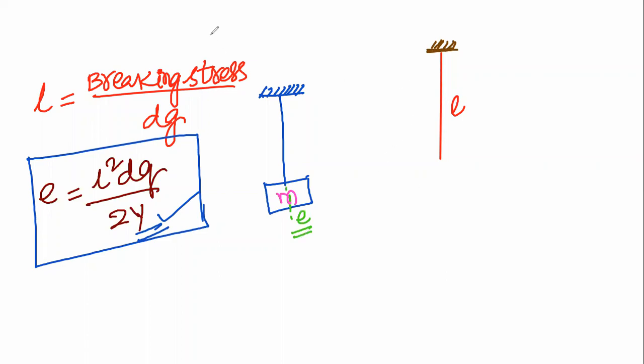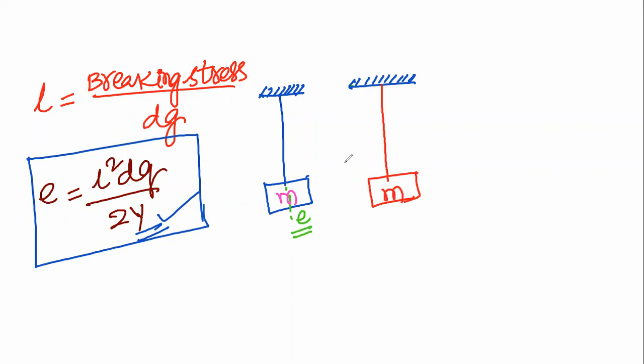If the same wire is dipped in a liquid of density dl, and the body density is taken as db, then the elongation in air is e.